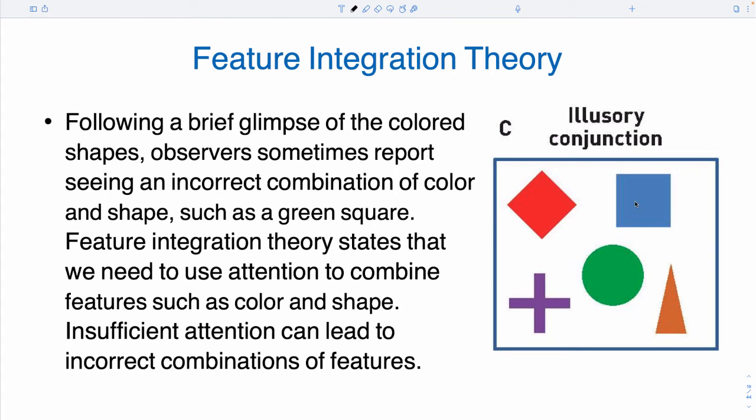That they saw objects that were there, but that the color was from one of the other objects. In other words, the binding process didn't happen correctly. Those two features, the color and the shape, didn't get integrated properly. And so feature integration theory states that we need to use attention to combine features such as color and shape. And if we're not paying sufficient attention, it can lead us to incorrectly combine these features. And again, in the study, they did that just by showing that to them really, really quickly.